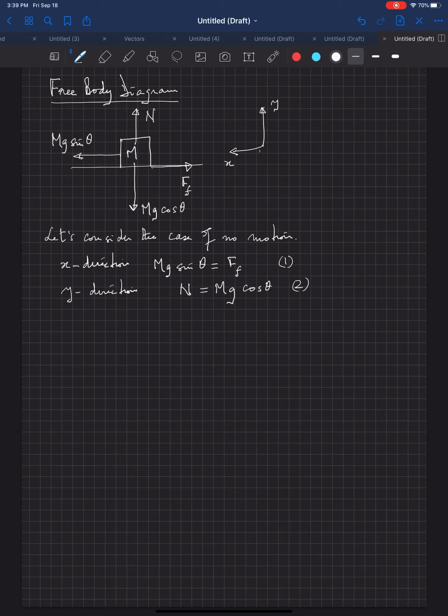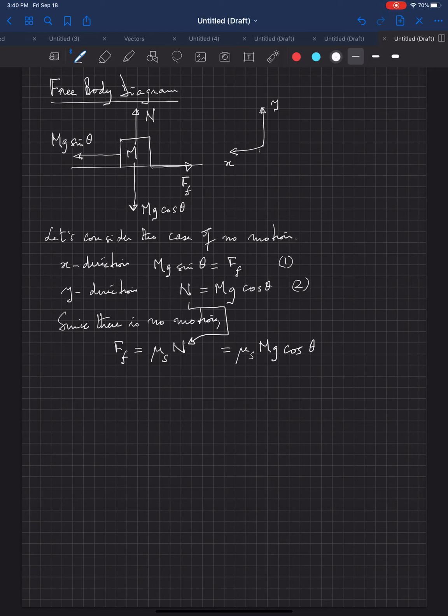Now, since there is no motion, one can define the frictional force as equal to the coefficient of static friction times N. And from equation 2, I can put the value of N as equal to mg cosine theta. So this then becomes mu s mg cosine theta.